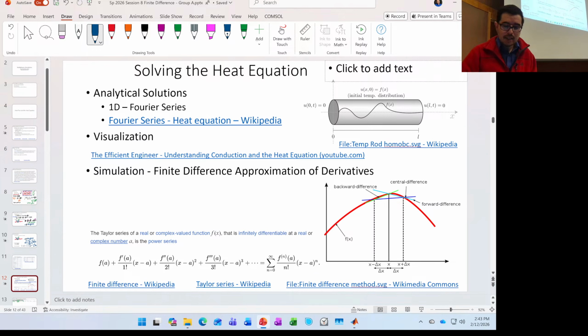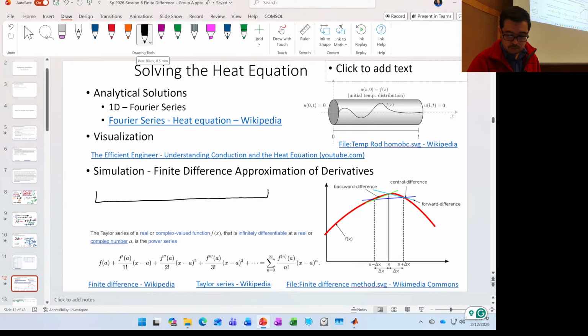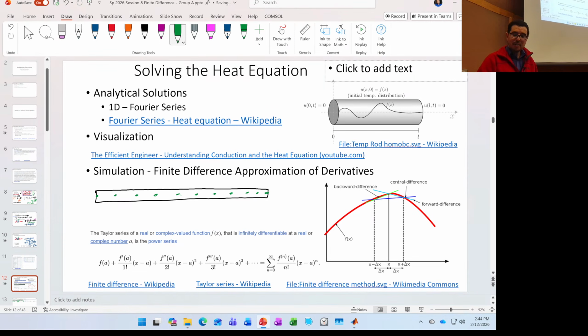And the basic idea with the finite difference approach, which is now the method we're introducing, is that you and I will break up our object into a series of equally spaced points. Wow, I naturally got smaller in my gaps.